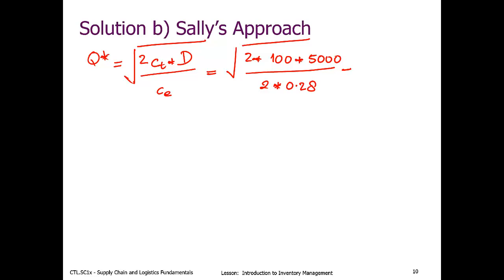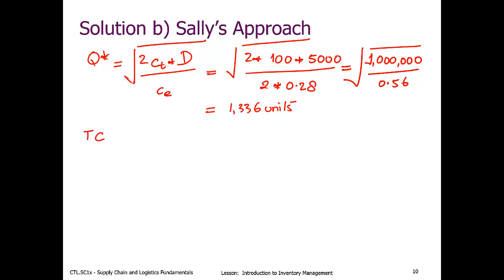So this gives us a value of 1 million divided by 0.56, and if you solve this, you will get a value of 1,336 units.